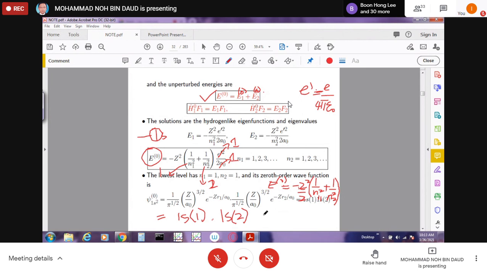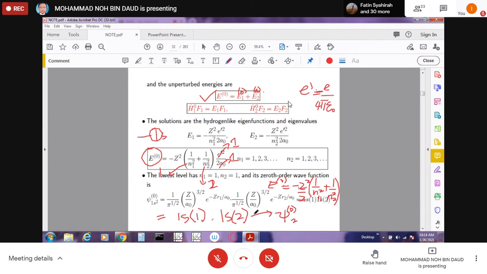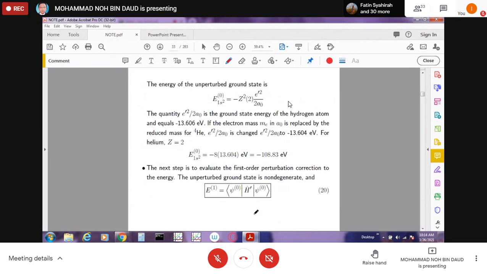So this is the zero order wave function, the hydrogen-like function for electron 2. This is what we get.